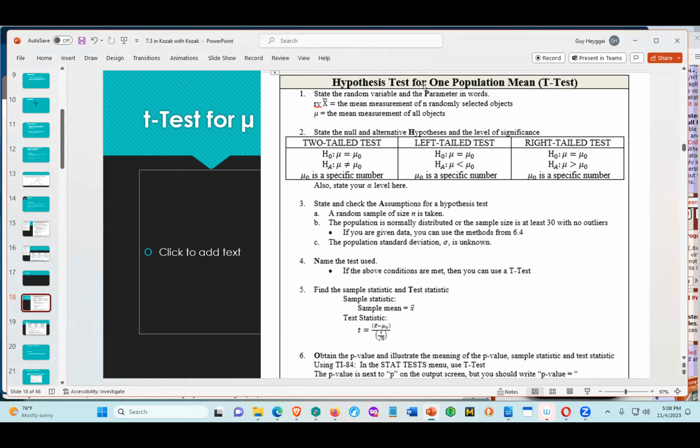Hypothesis test for one population mean, t-test, and it's phantoms again.